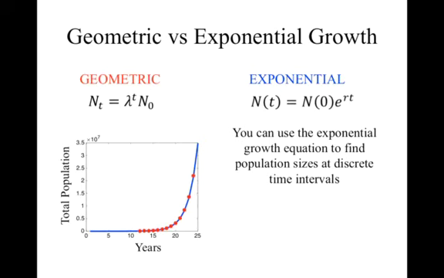Geometric growth occurs at these discrete time points, but those red dots where we can predict the population in year 12, 13, 14, 15, 16, you'll notice they follow the exponential curve. They lie exactly on the exponential curve. And so that's why the exponential curve is really just a lot more detail, but it's giving you the same trend. It's giving you the same change in population as the geometric curve does at the specific year points.